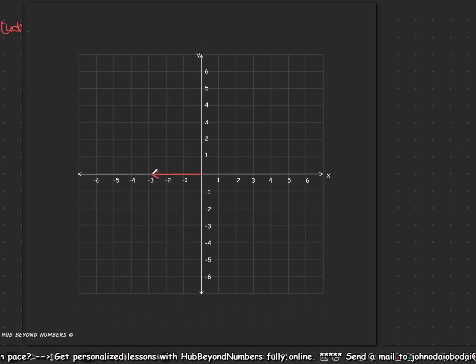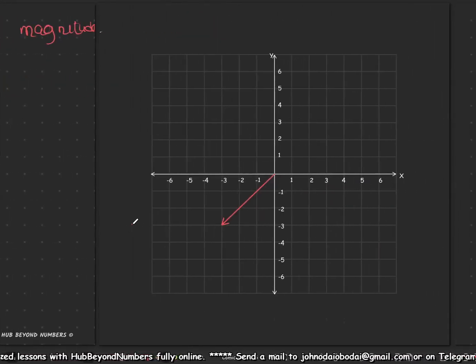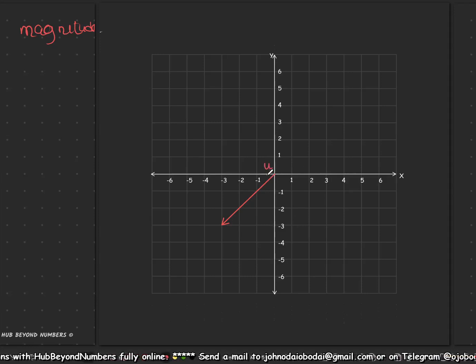So this is my -3. And then let's come down to -3 on the y. So this is down here. And this will be my point, you see, and that is UV. So I'm going to put my U here, and then my V is going to be here.